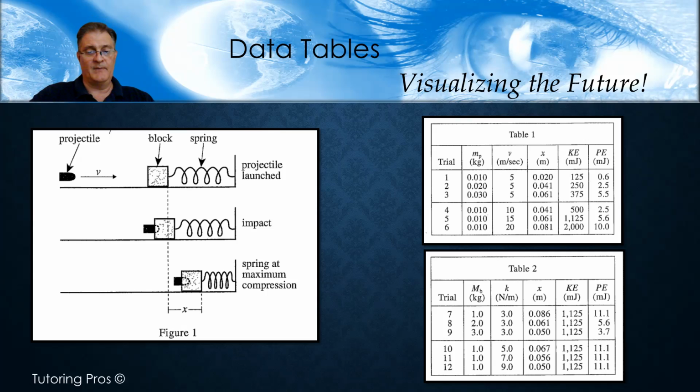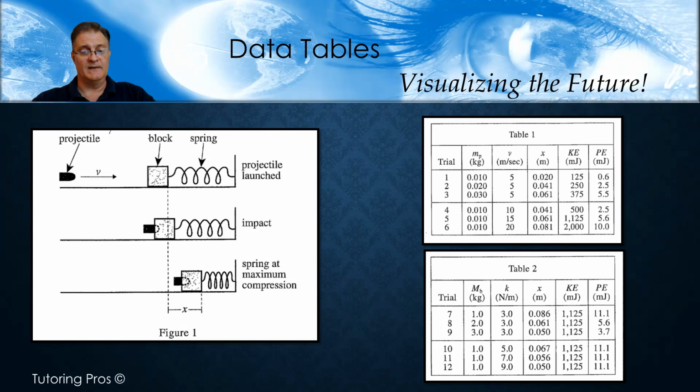Table 2. Table 2 now has different variables. Table 1, we had mass of the projectile. Now, in table 2, we have mass of the block, M sub B. And we also, in table 2, have K. K stands for the spring constant. So now they're testing what happens when the mass of the block increases and you have a constant spring tension.